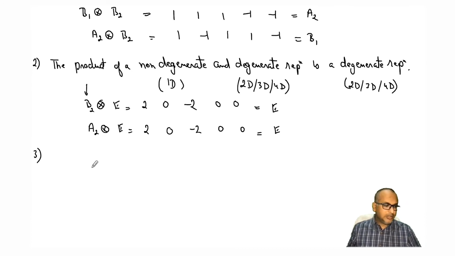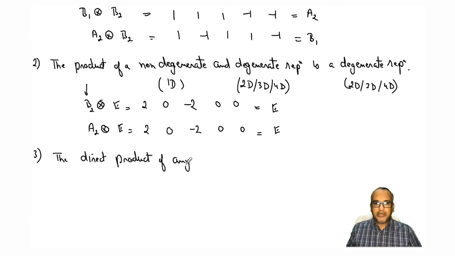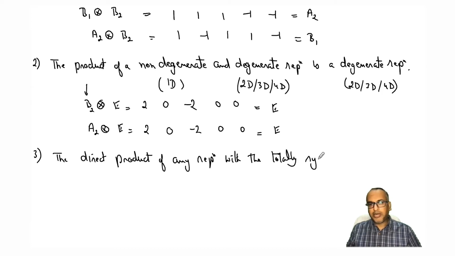So third is the direct product of any representation with the totally symmetric representation is the representation itself.